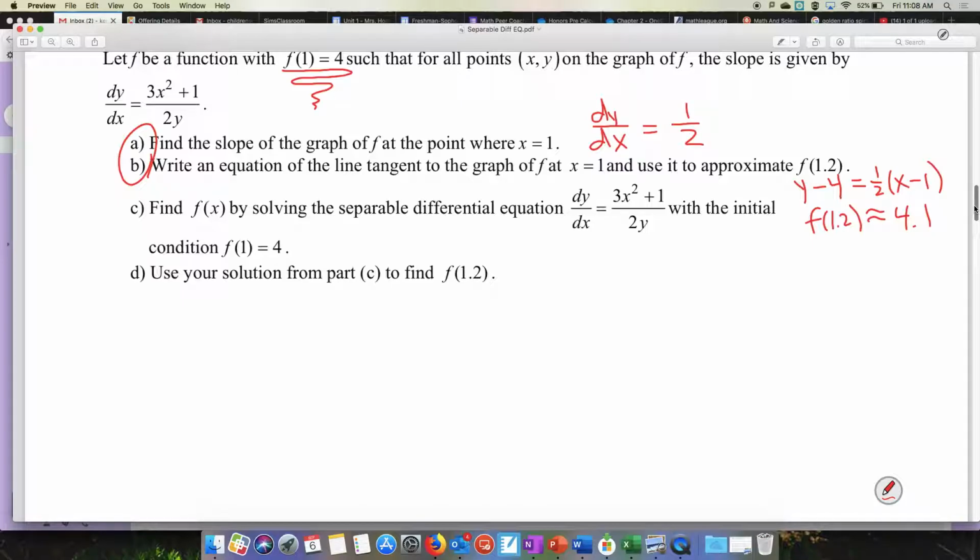Okay, now, when we solve this separable differential equation, we can take 2y to live with dy, and we can keep 3x squared plus 1, but move dx over.